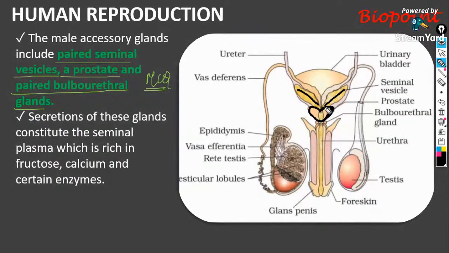Then further down, you will have the small, very minute structure called the bulbourethral gland. NEET batch students perfectly know this is a diagram from their class 12 NCERT.